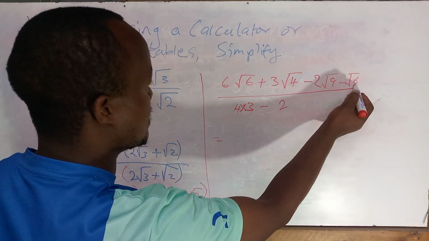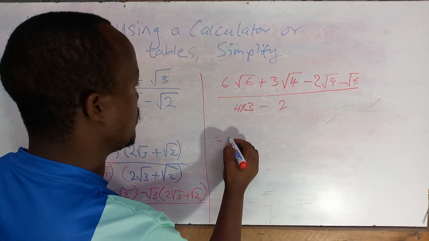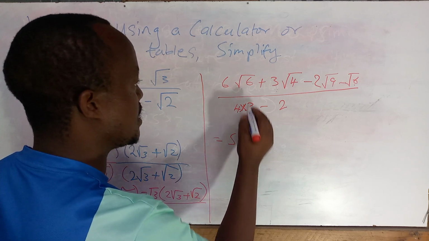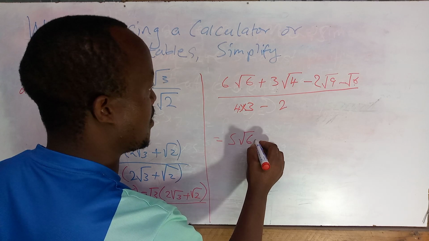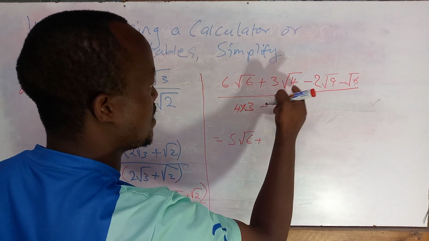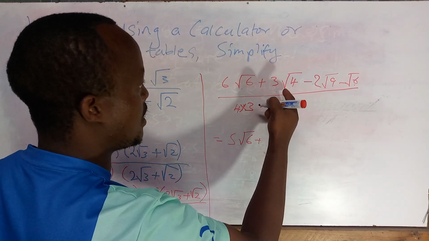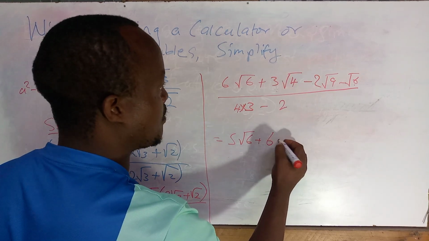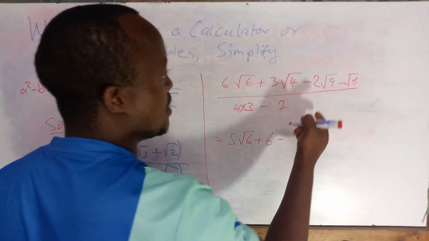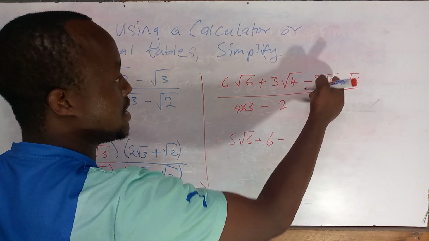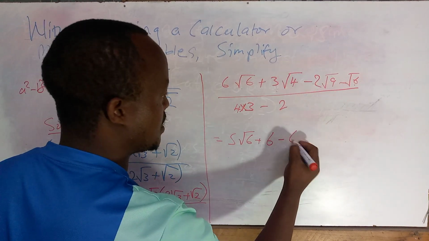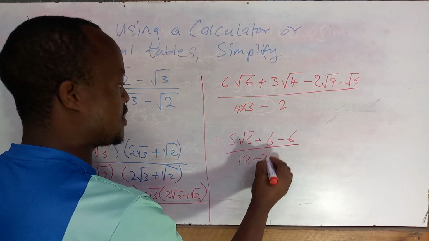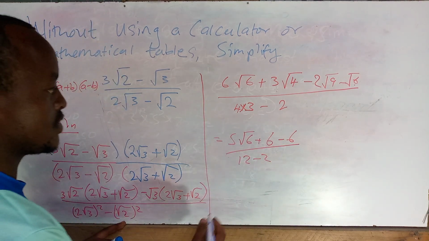You can take the like terms together here to get 5 root 6, then plus this is just square root of 4 is 2, so you are getting 6, minus square root of 9 is 3, so 3 by 2 is 6, over 12 minus 2.